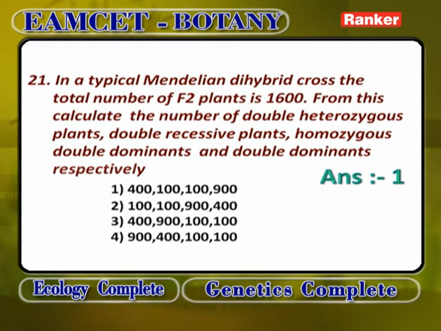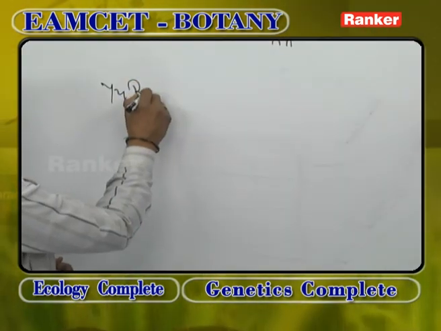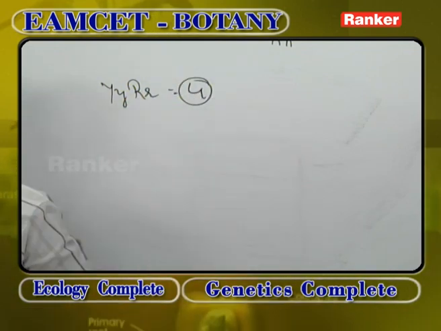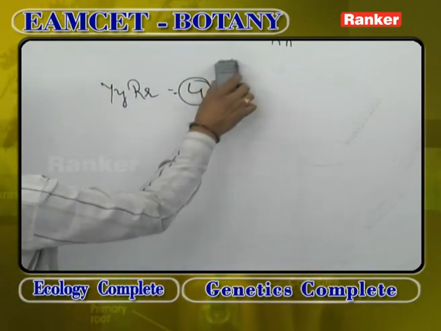So in a typical Mendelian dihybrid cross, the total number of F2 plants obtained is 1600. That means 9:3:3:1, 16 parts, 1600 plants. Double heterozygous plant means capital Y, small y, capital R, small r.